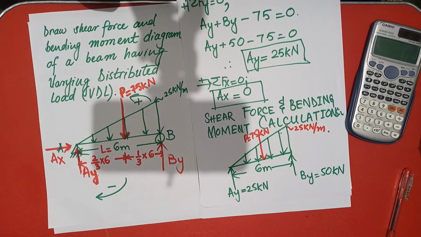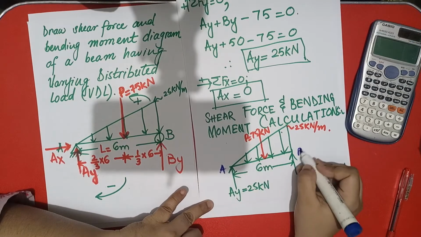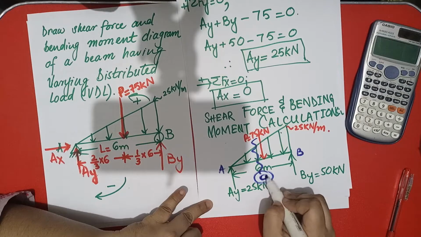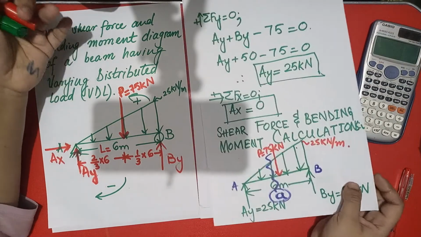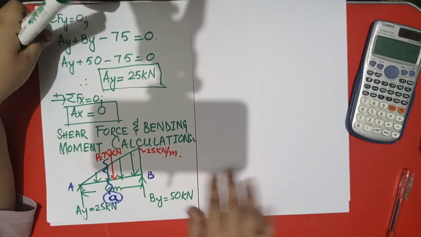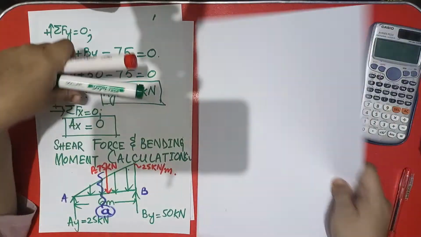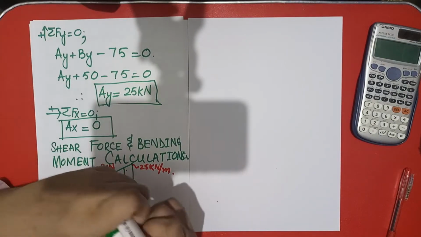Now we are moving towards the cutting of section. This is A and B, and we cut the section here. There is only one type of loading on this beam, so we have to cut only one section over here.